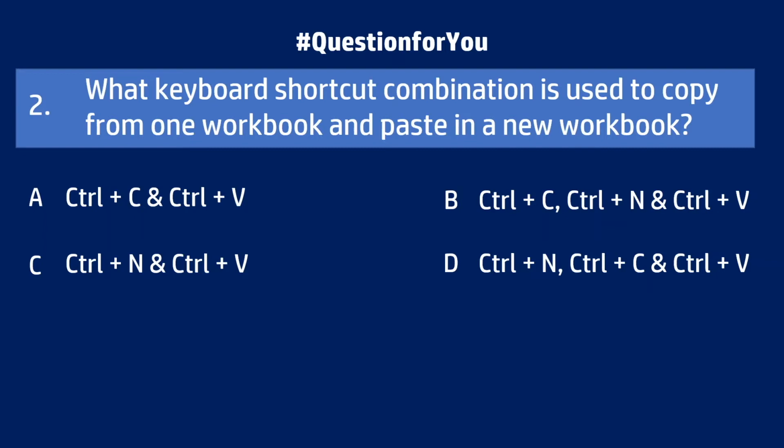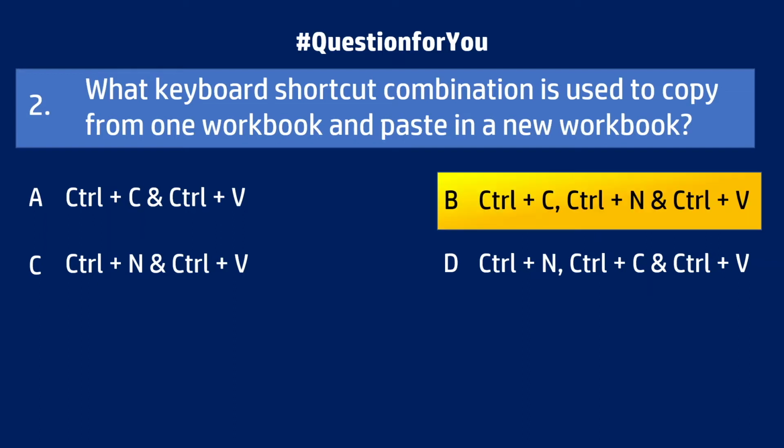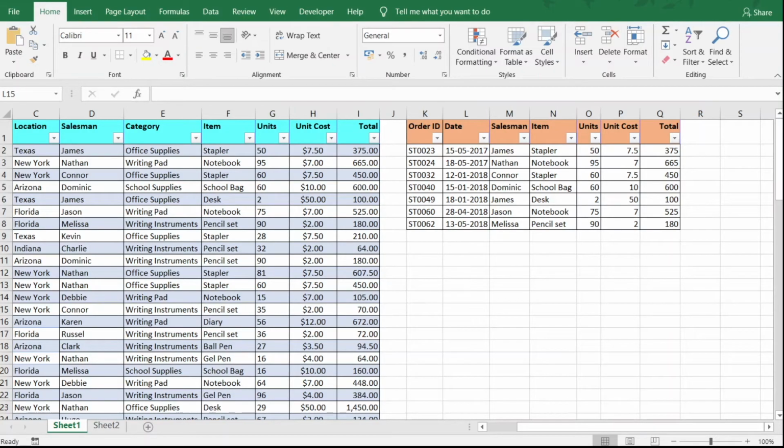Options were option A, Control C and then Control B. Option B, Control C, Control N and then Control V. Option C, Control N and Control V. And option D, Control N, Control C and then finally Control V. So the answer to that would be Control C, Control N and then Control V. That's option B.